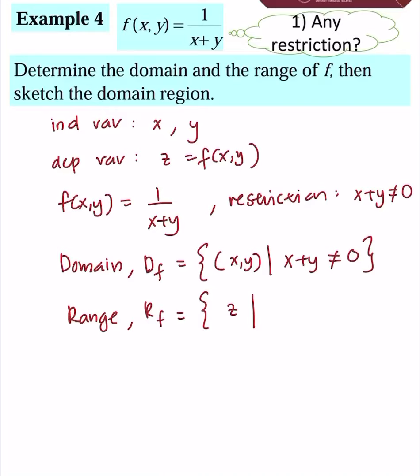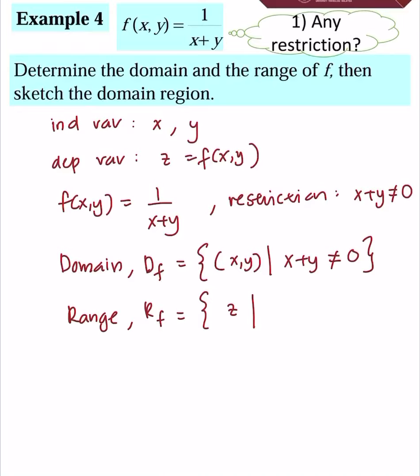Can we have the fraction equal to 0? Since x plus y cannot equal 0, x plus y can be positive or negative. Can 1 over x plus y equal 0?